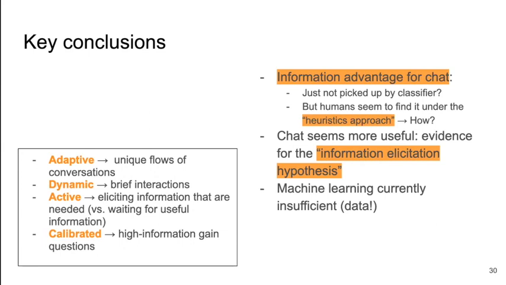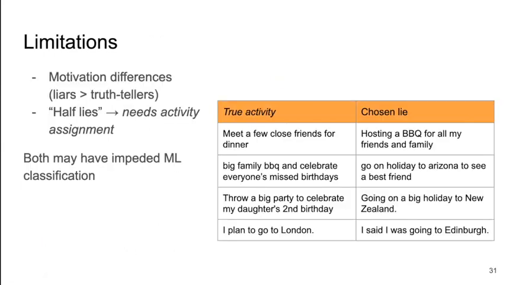Now the chat seems to be useful, right? At this very first stage, it seems to work in that it elicits information rather than just passively waiting for it. And we have been able to meet these requirements of having an adaptive, dynamic, active, and calibrated system.